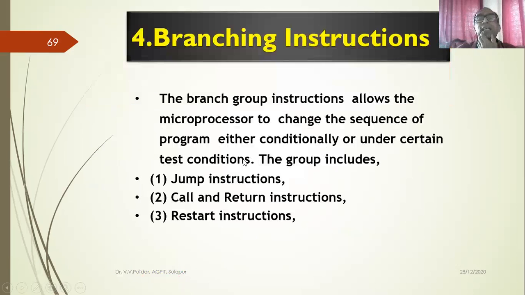Then branching instruction sets. The branch group instructions allow the microprocessor to change the sequence of the program either conditionally or under certain test conditions. The group includes jump instructions, call and return instructions, and restart instructions. Now in my logical representation, wherever I have sequences of instructions which have logical consequences, these branching instructions will be of much use to me.